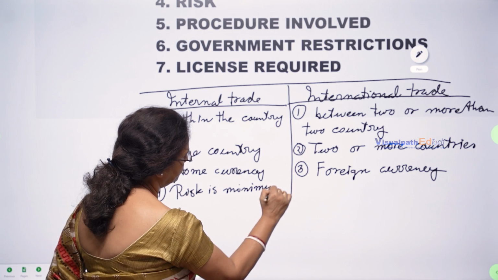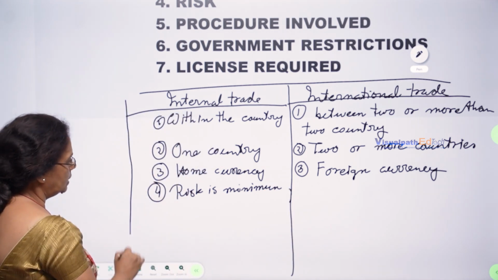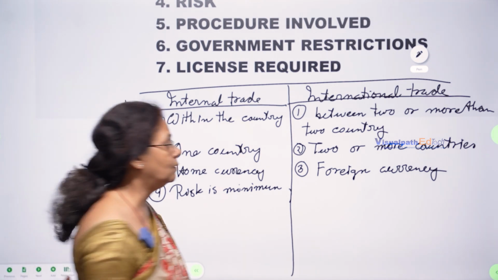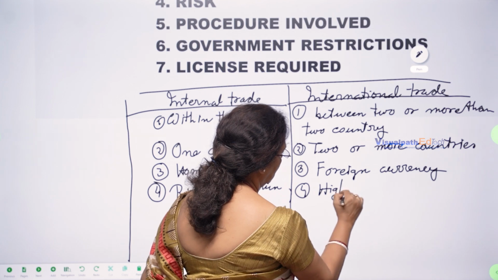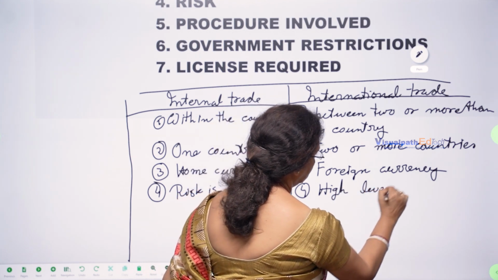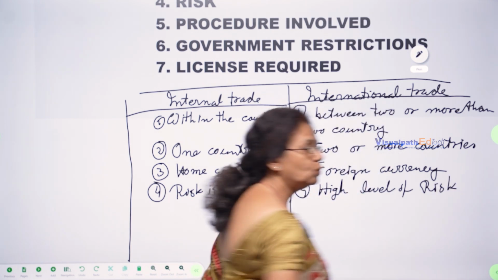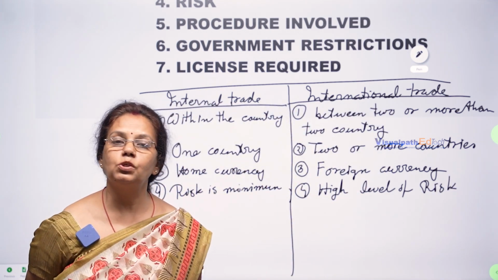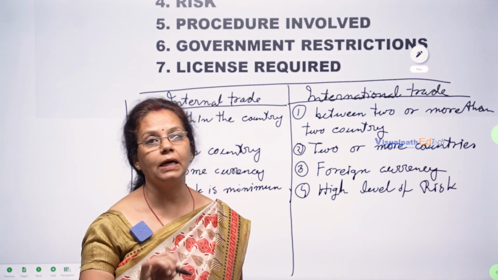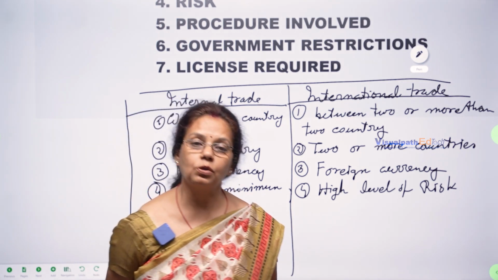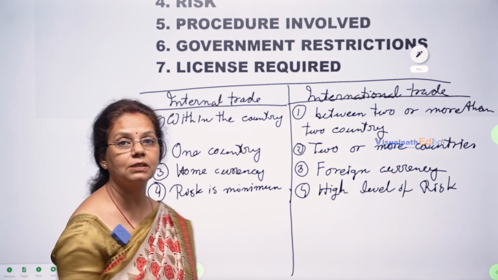But in case of international trade, the risk is very high, as we have to send the goods from one place to another, so there is a possibility of damage to products. That is why the risk is very high in international trade.